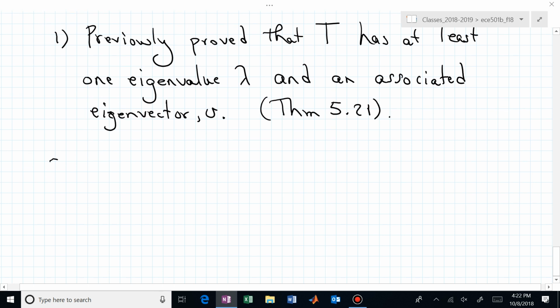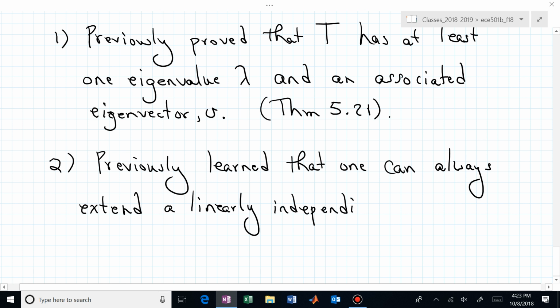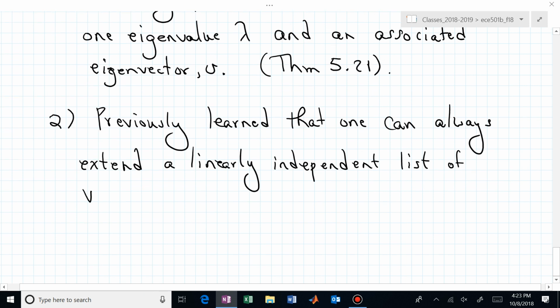So we already learned, so we can say that previously learned that one can always extend a linearly independent list of vectors on the finite dimensional complex vector space.